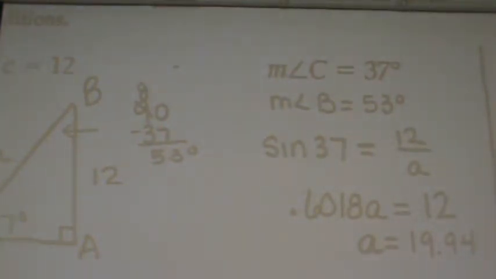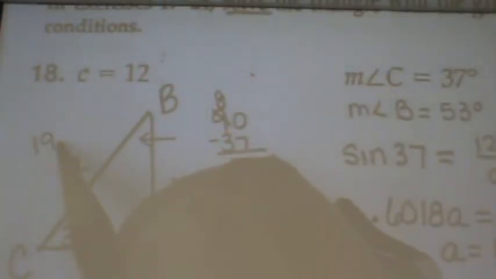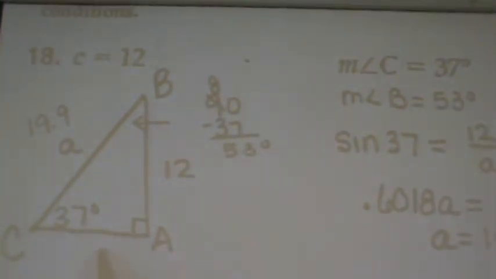So side A is about 19.94. Now how would you find side B? You could use the Pythagorean theorem if you wanted. I would use another trig ratio. Now that you know this, you can use it. To find this side, you'd use cosine.